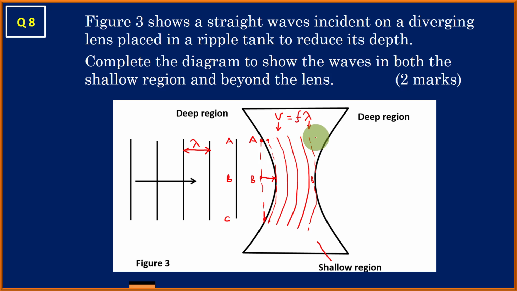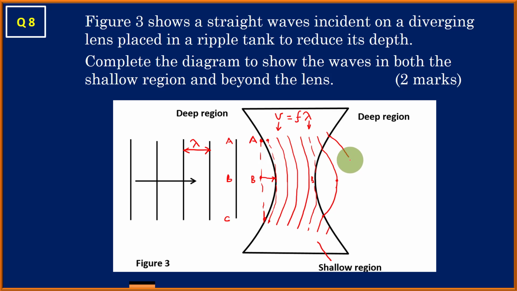By the time A is somewhere around here, because it has to continue with the same wavelength, by the time C is here, you will find that B would have covered a bigger distance into the deep medium. So you're going to join this point and that one there, so that by the time the whole of it reaches that point, this is what we are going to have.